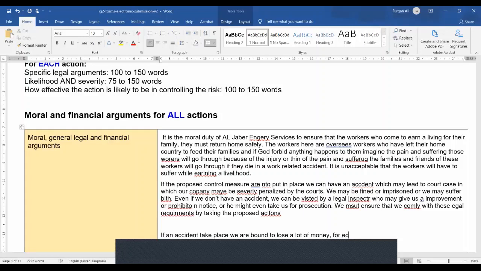For example, the medical costs that we will have to incur in case a serious injury takes place. We will also have to bear the cost of compensation if the injured person goes to court.